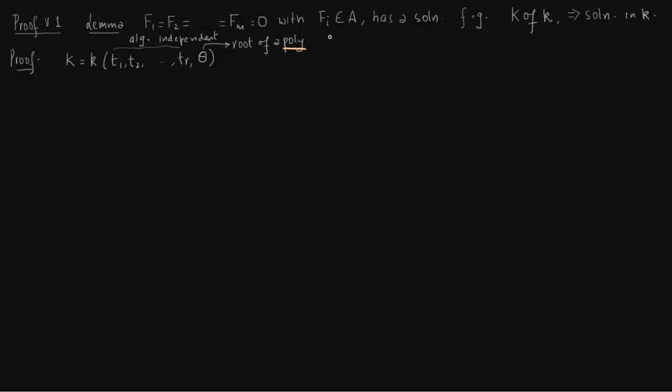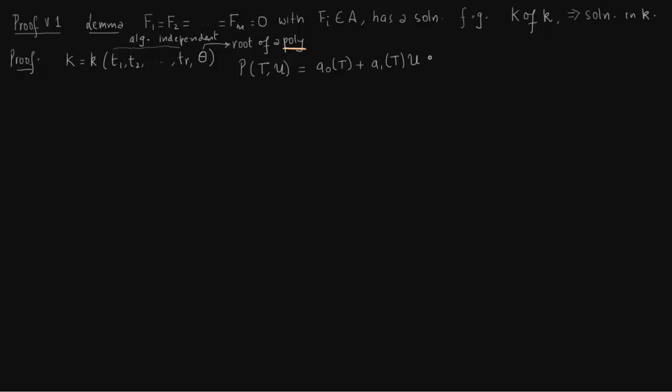Since we are saying theta is a root of a polynomial, we have to write some polynomial now, and obviously this polynomial would be irreducible. So we are writing p(T, u), where capital T is nothing but t1, t2 all the way to tr, which I am writing as capital T instead of the entire r-tuple, and u is some variable.